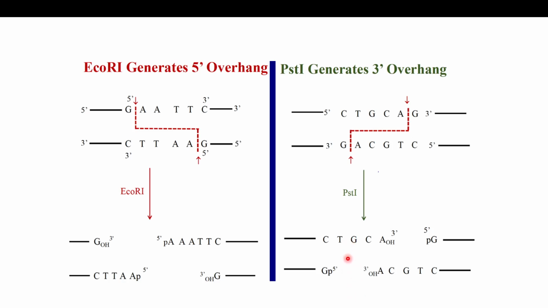Both EcoR1 and PstI are generating sticky ends, not blunt ends. So this is kind of asymmetrical, right? Both these enzymes generate sticky ends, where EcoR1 generates 5 prime overhangs and PstI generates 3 prime overhangs. Just as an example, there are many more enzymes which can come under either of these categories.